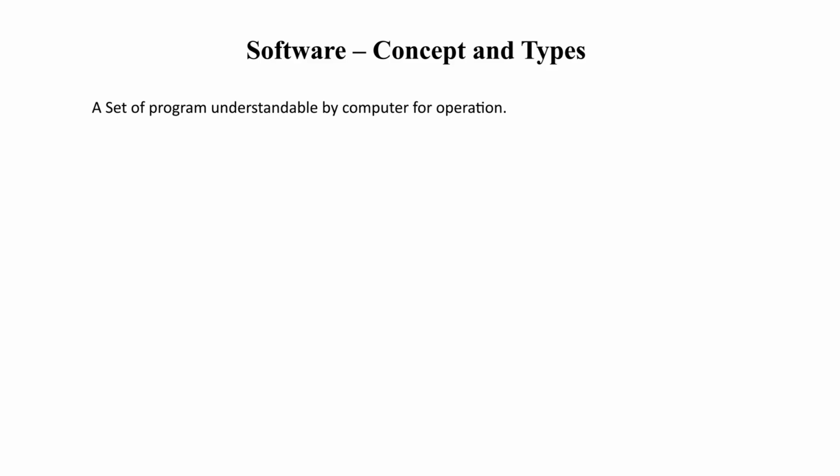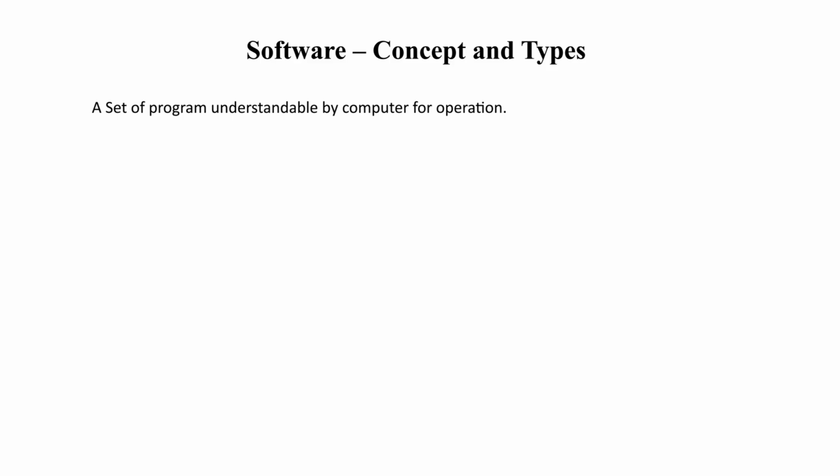You can say software is an intangible entity which is understandable by the computer itself. Although developed by humans, it is not understandable by the common person, but software can easily be understood by the computer for various operations and activities.